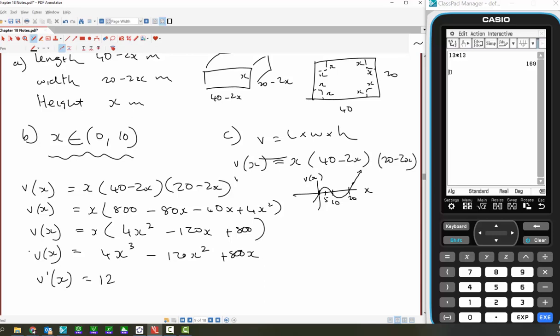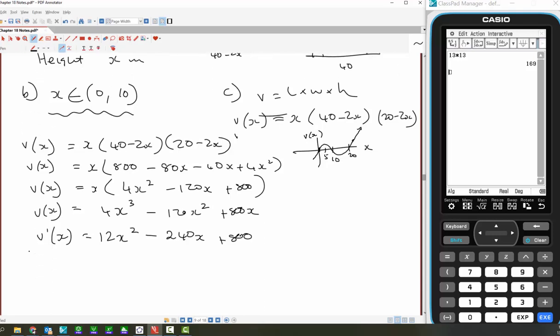All right, now that it's at single terms, I'm going to go V dash x equals. All right, that's 12x squared, take away 240x plus 800. Alrighty. Now what we want to do is hunt for zero gradient points. Okay, just halve all of them.